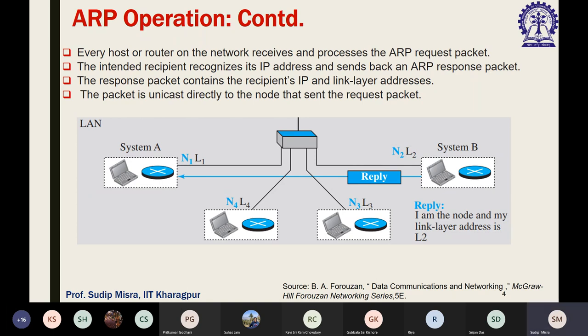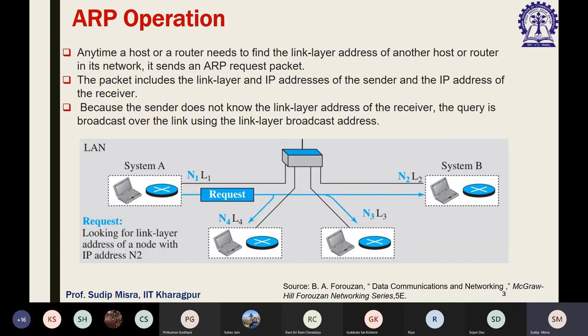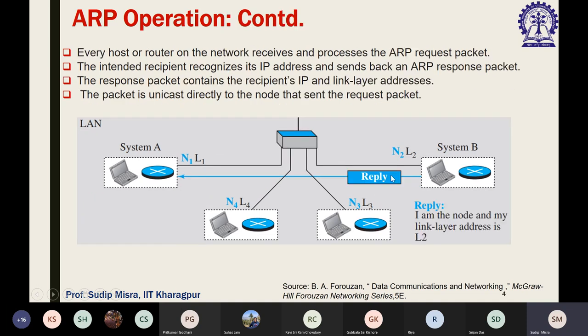Whoever is not X is not going to respond, but the student whose name is X is going to say that I am X. The student is going to tell directly to me that I am X. Very similar to that, the ARP request is broadcast, whereas the reply is unicast to the source.